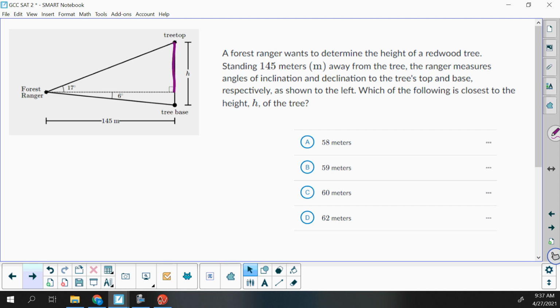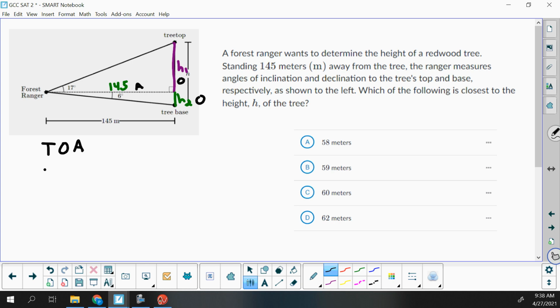Let's call this portion of it H1, and let's call this portion of it H2. Well, they both share this side, which is 145. In the top triangle, the 145 is our adjacent, and the height is our opposite. In the bottom triangle, the 6 degree angle there, the 145 is still our adjacent, and the height too is the opposite. So if we're using adjacent and opposite, we want to use tangent.